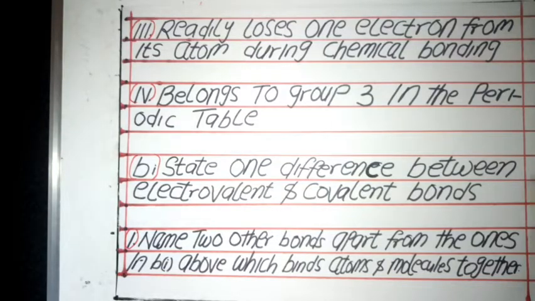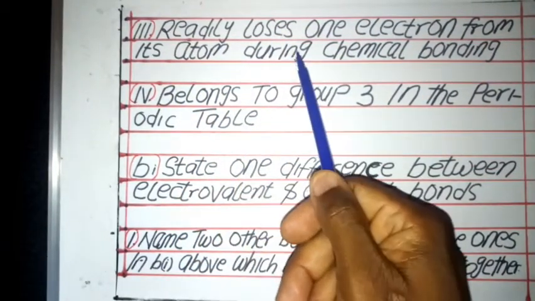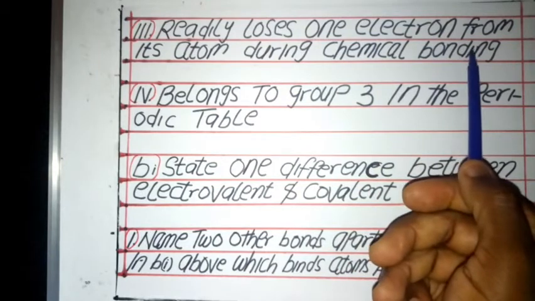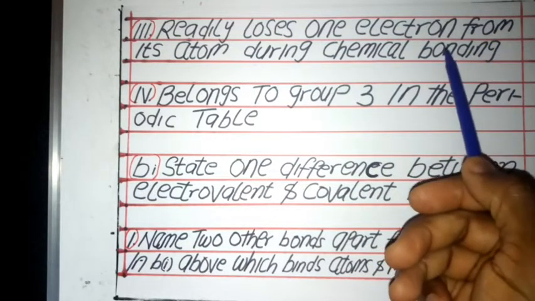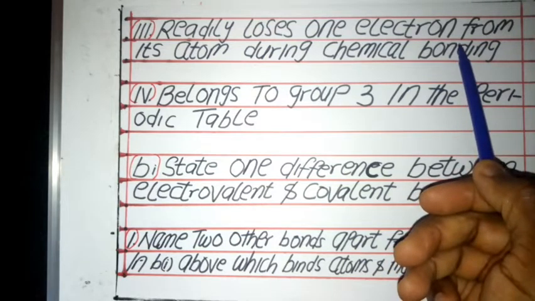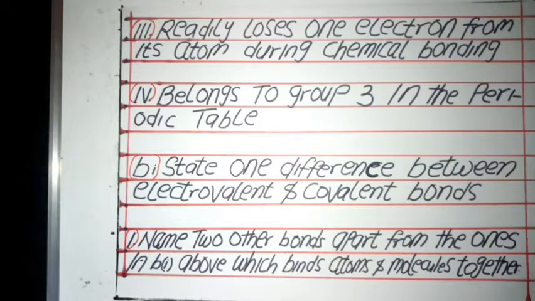So this one said readily loses 1 electron from its atom during chemical bonding. The one that loses 1 electron from its atom during chemical bonding. Remember group 1 elements, during bonding, they lose the atom's electron, just like group 2, they lose the atom's electron.